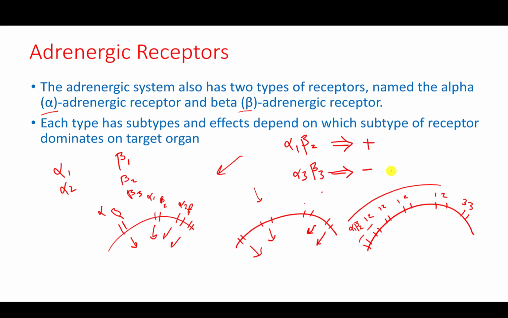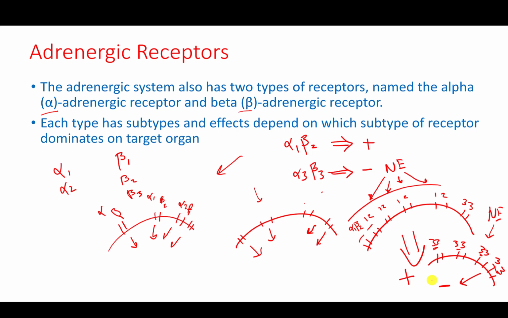So when the norepinephrine arrives, it will bind to more alpha 1 beta 2 receptors. This will cause the effect to be stimulatory. After 3 hours, for example, it could be flipped. It could be that most of these receptors are alpha 3 beta 3. So when norepinephrine arrives, it will bind to the dominant one, which are the alpha 3 beta 3, which will cause the cell to be inhibited. So it depends on which subtype of the receptor is dominant on the surface of the cell or on the surface of the target organ.